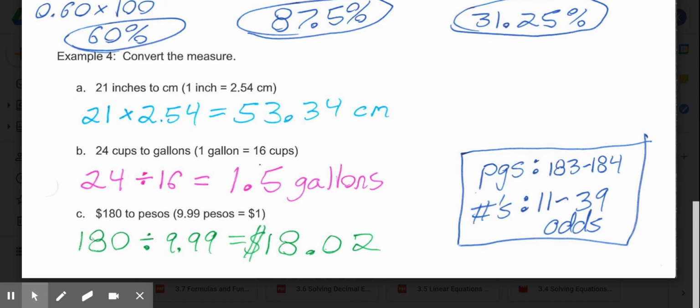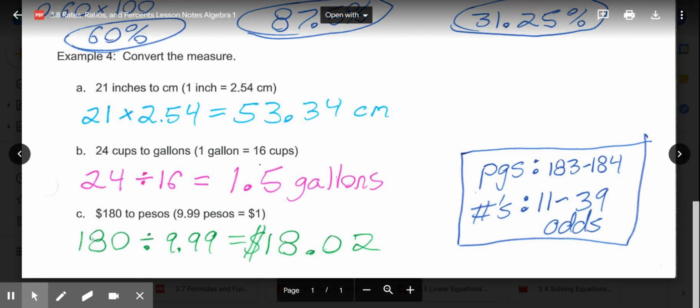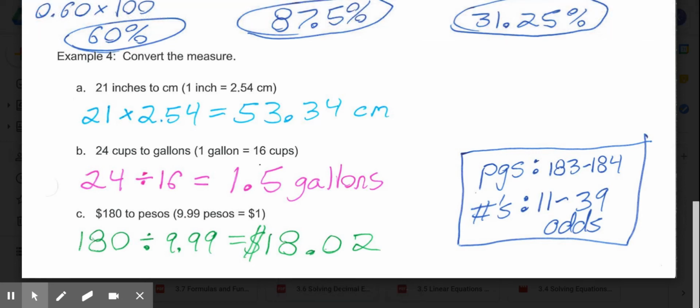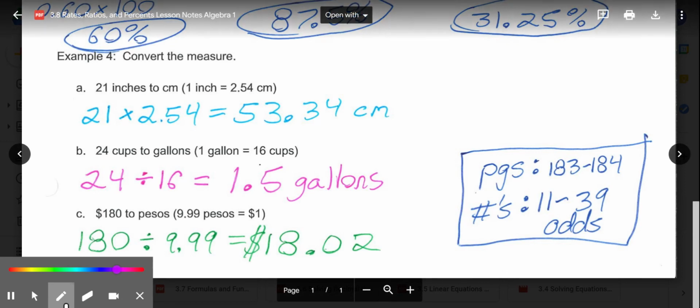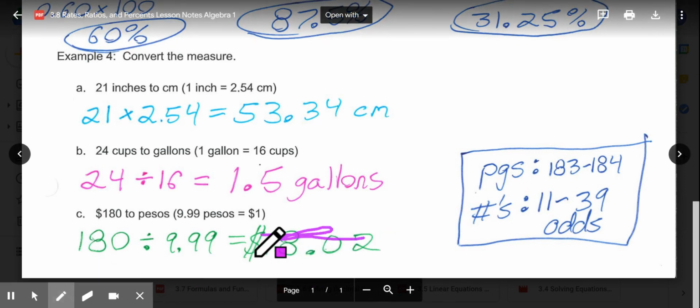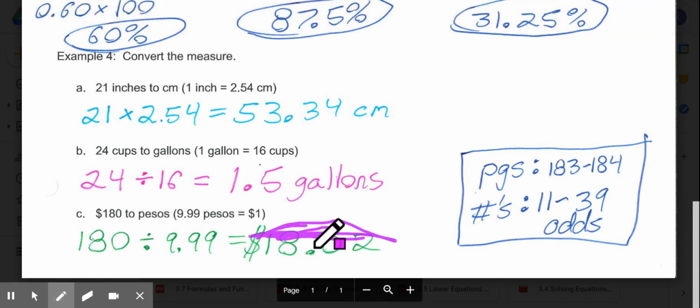And lastly, in part C, we have $180 to pesos. 9.99 pesos is approximately $1. So I'm going to have more pesos than dollars. So in this case, my conversion here was not the correct one, because what I did was went from 180 pesos to dollars.